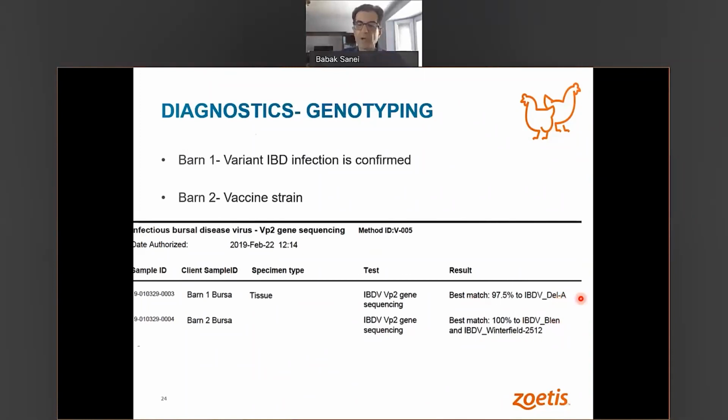But at the bottom, you would see another strain here. This IBD Winterfield 2512 is a vaccine strain. And that's the barn that did not have any issue. So both barns were vaccinated with the same vaccine program. However, in this barn, the vaccine was able to compete with the field virus, that South African strain, and replace it. This one, barn one, was not.